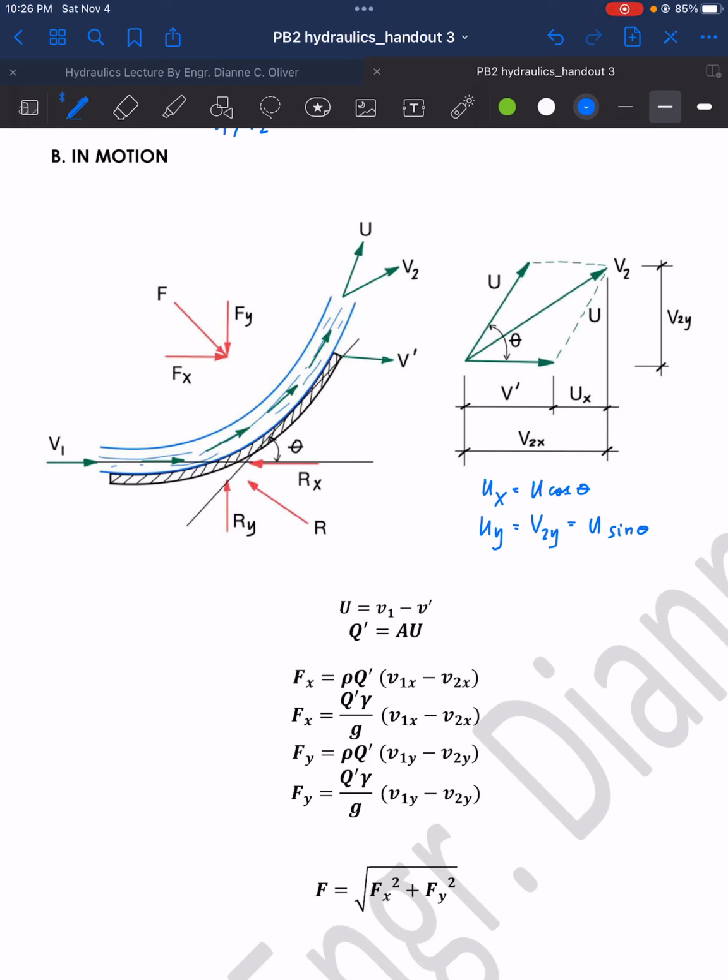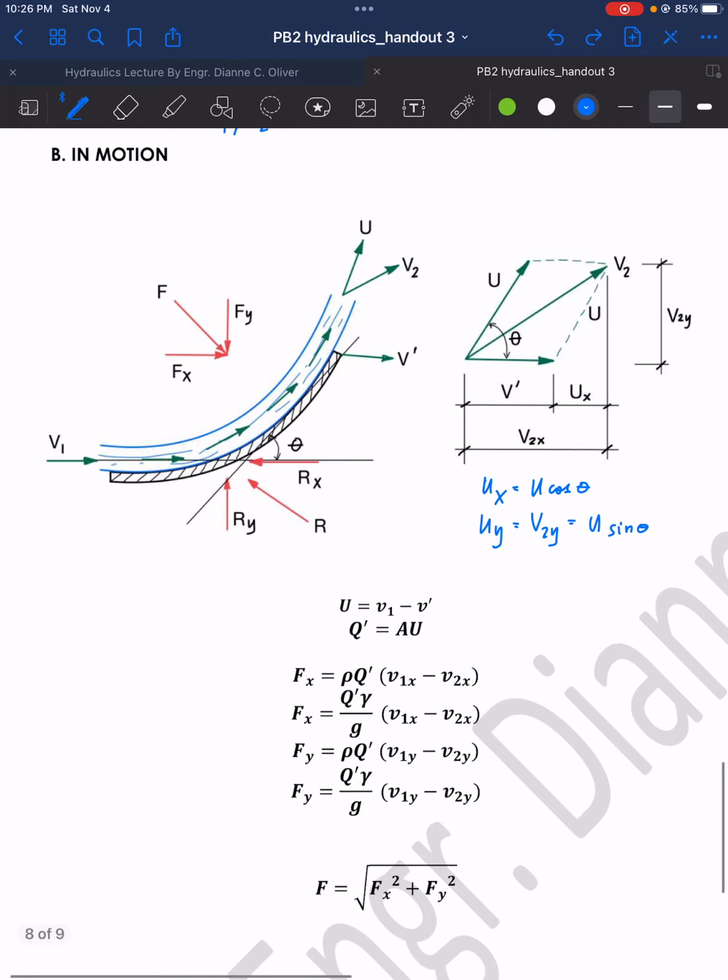Okay, and take note also of the sign here. We will base our sign convention on the flow of the jet. So if we assign the Fy downward as positive and Fx to the right as positive, therefore the upward direction of the V2y signifies that it is in a negative direction.